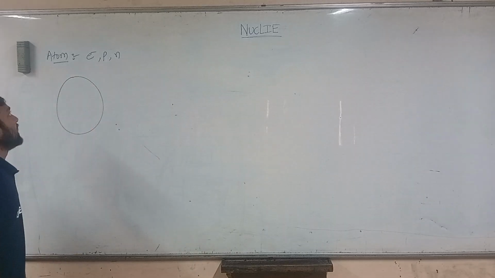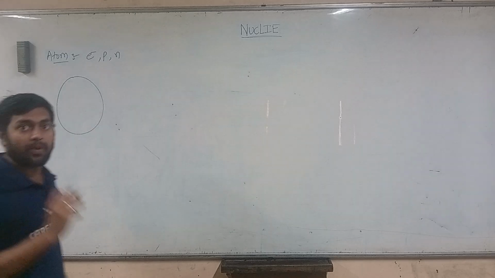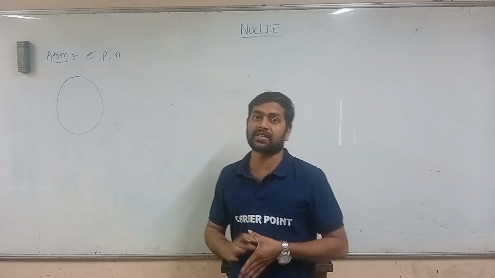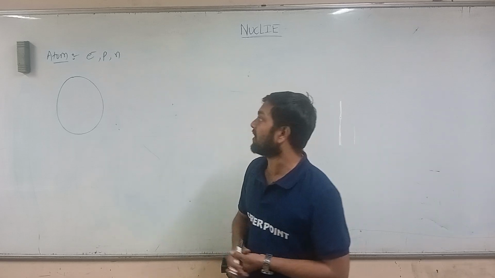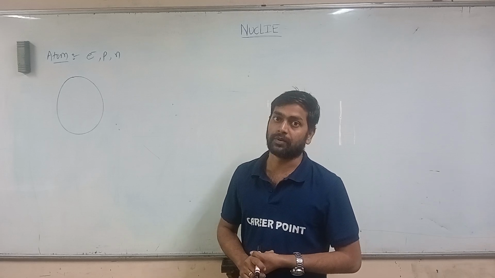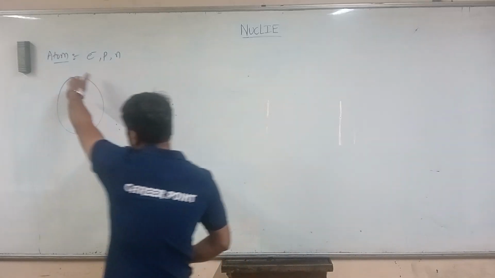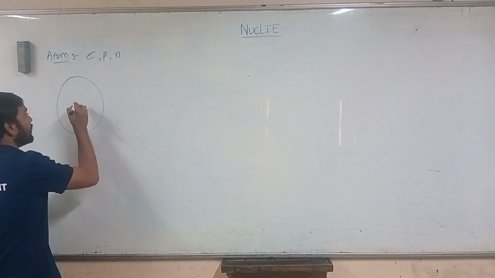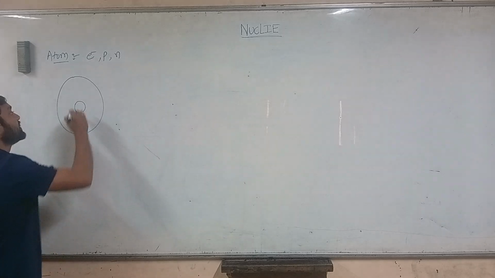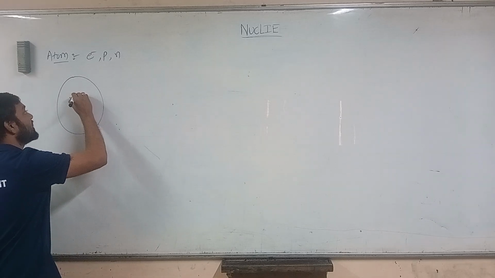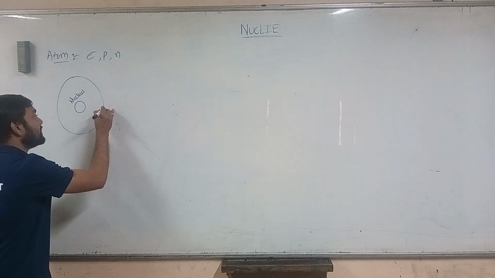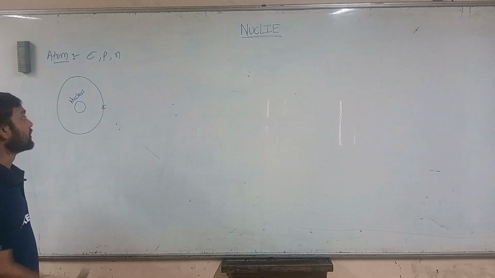Generally, we think that the atom is in the shape of a sphere, a spherical shape. So here I would like to take a sphere, and in that I would like to take a nucleus. This is the nucleus, and here this is my electron.